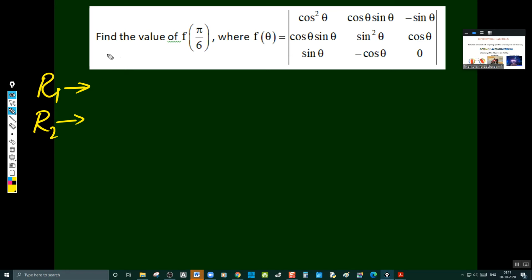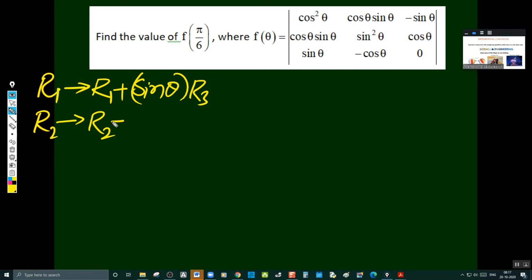Come on, tell me please, anyone. R1, what I'm doing, R1 plus sine theta R3. Okay, R2 please.